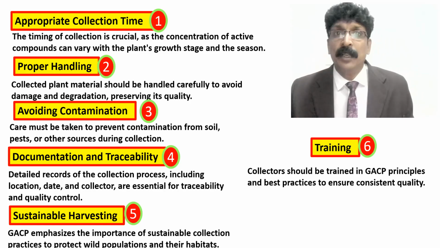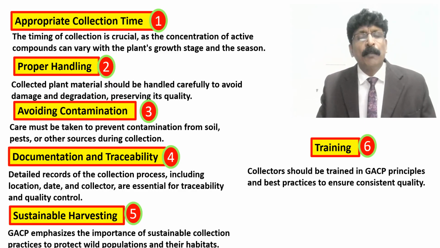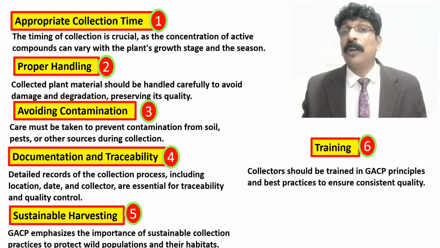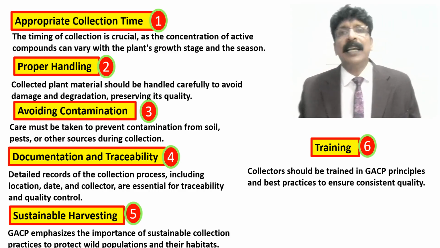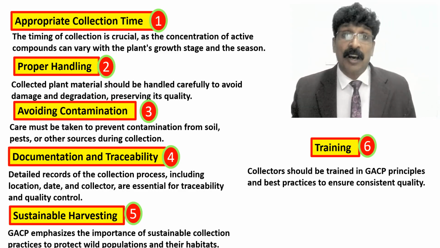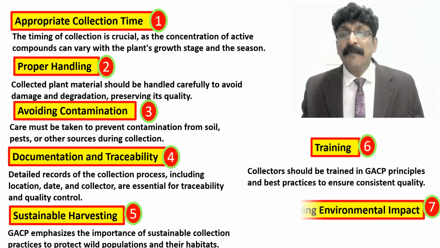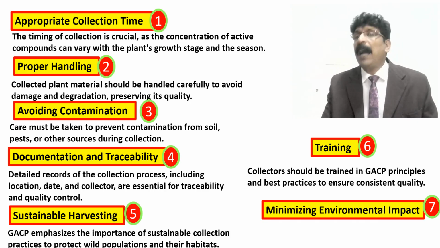Always we are pointing out quality and efficacy when you come to medicinal or herbal products, as well as herbal collection or harvesting of medicinal plants. So number 7, minimizing environmental impact.